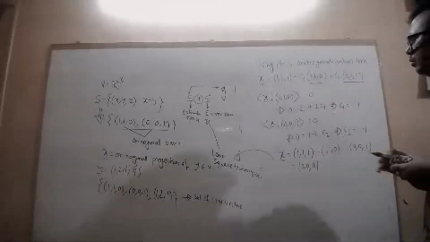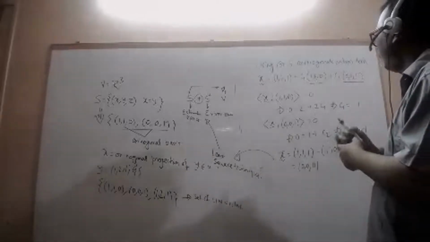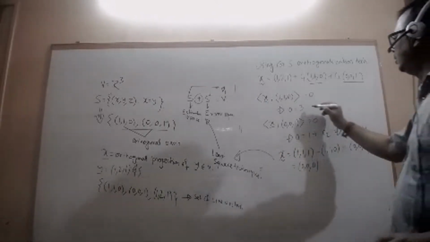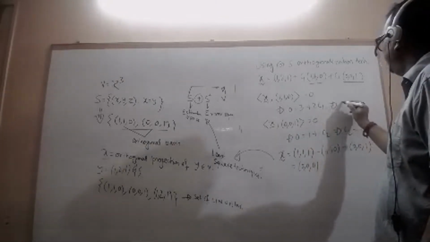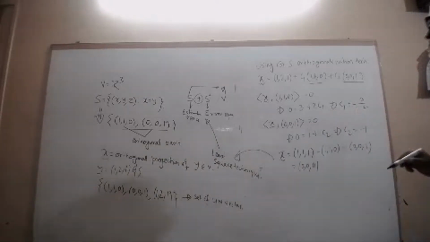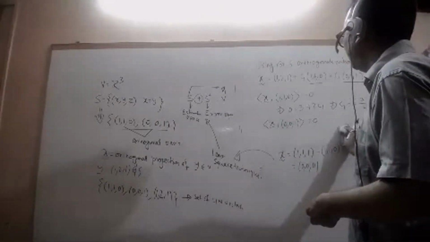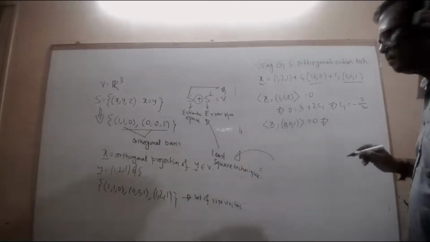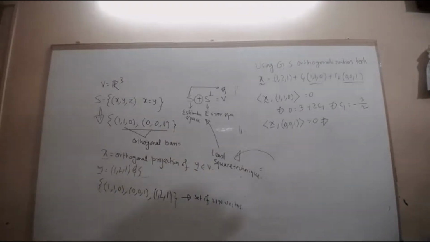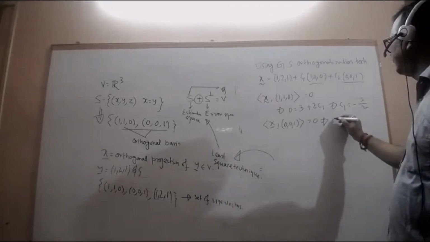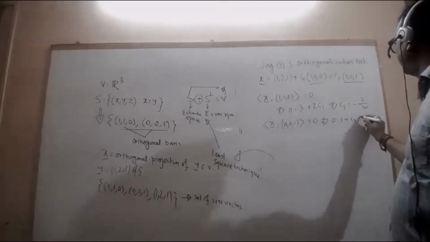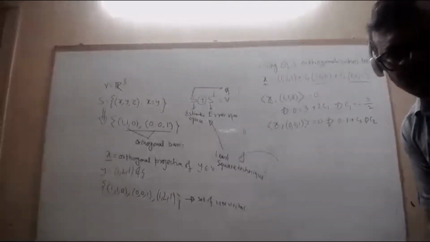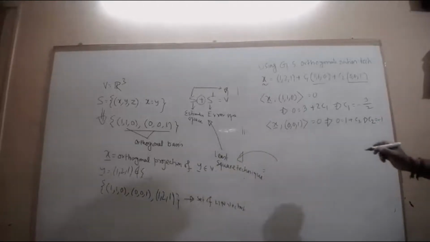This is 3. So c1 equals minus 3 by 2, and c2 equals minus 1.